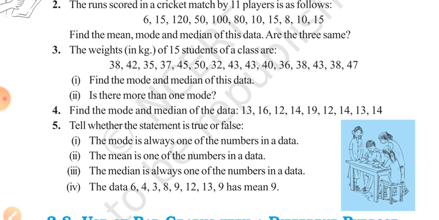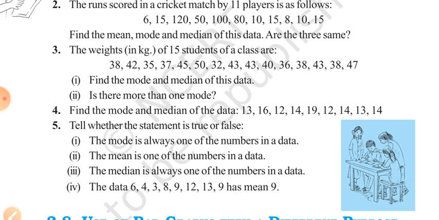As I have told you in the example, there can be more than one mode also. You have to check whether there is only one mode or more than one mode. So you will do it yourself. And question number 4 is also same. Are your homework.